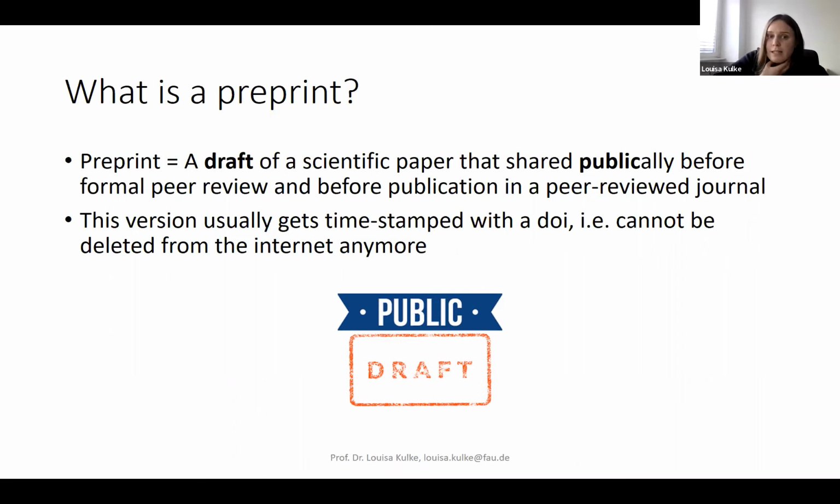And then this version gets a timestamp, for example, with a DOI. So you can't delete it from the internet anymore. It's going to be there forever, which means it's openly accessible and it's also reliably findable. And it doesn't usually cost you money to do this preprint option, but you're going to have your paper publicly available and everybody can read it.